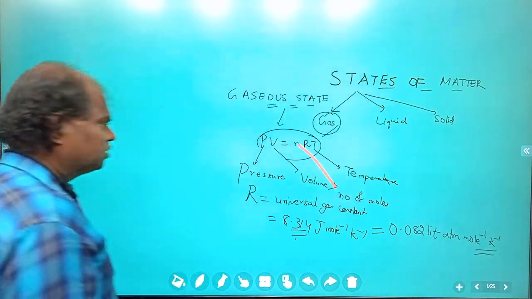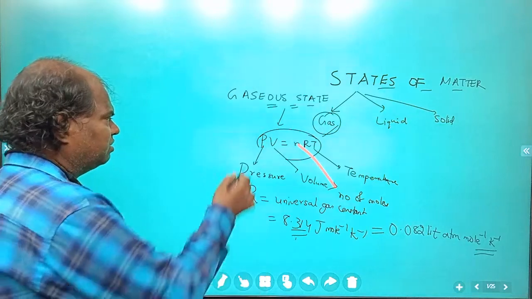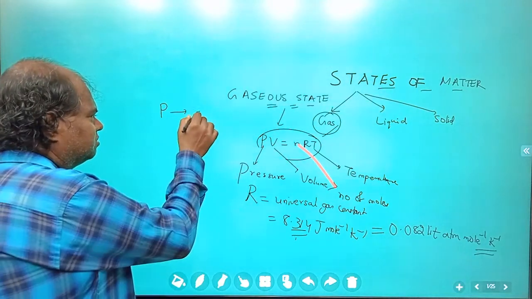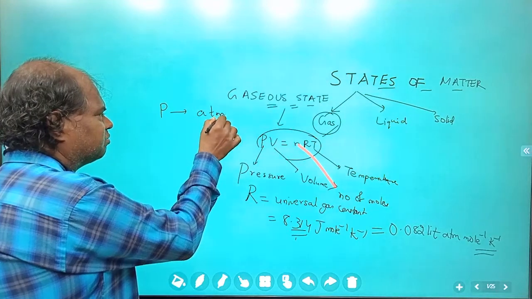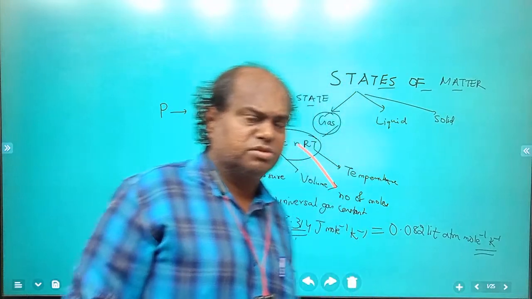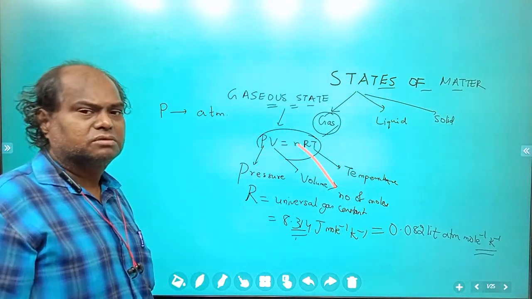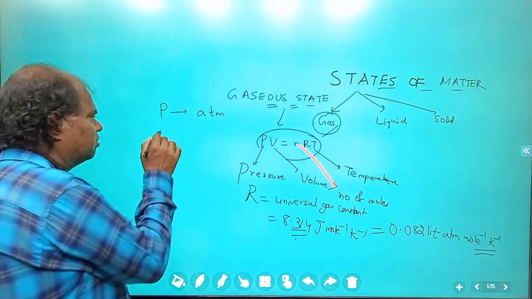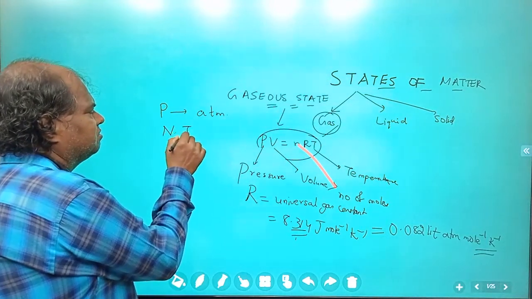Fine. Now, students, when you're doing sums, be very careful. Pressure, please concentrate, very, very important, is expressed in atmosphere. Most of the time, you'll get pressure in atmosphere. They'll say 1 atmosphere, 2 atmosphere, like that. The usual pressure we call NTP.